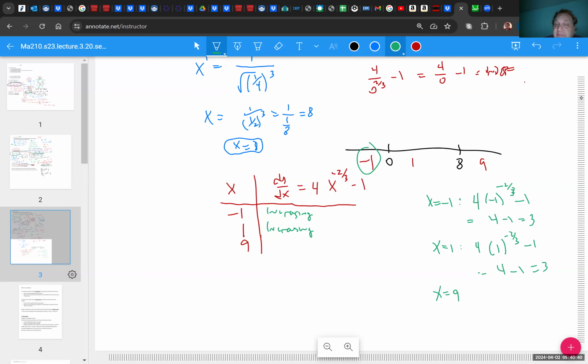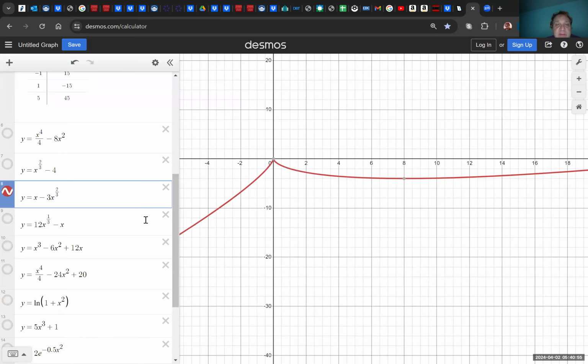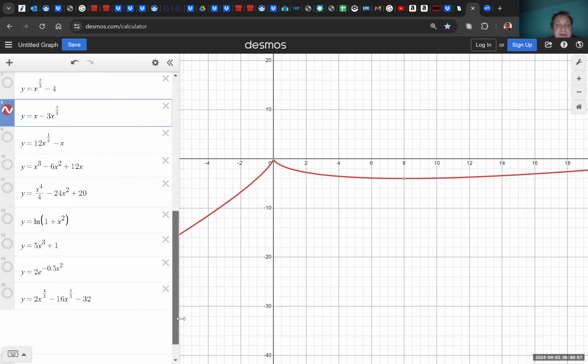So at 9, we have 4 times 9 to the negative 2/3 minus 1. I will have to use a calculator to do this because I can't do 9 to the negative 2/3 without using technology. Or I could do a rough approximation, but let's just use technology to save some time.